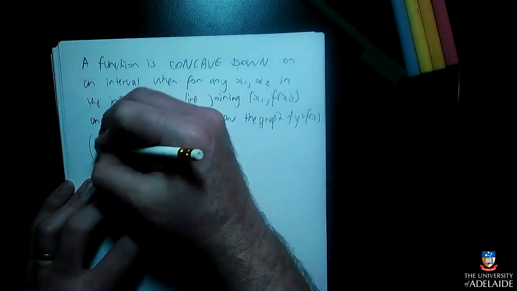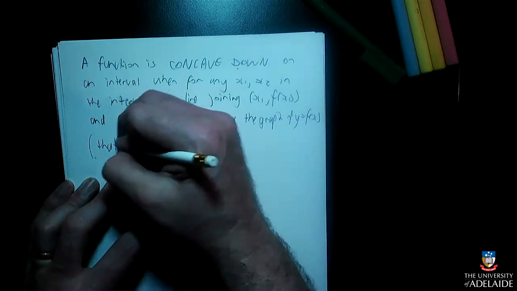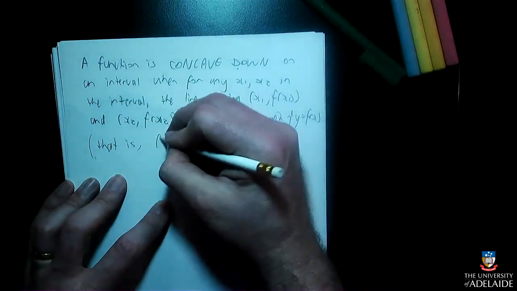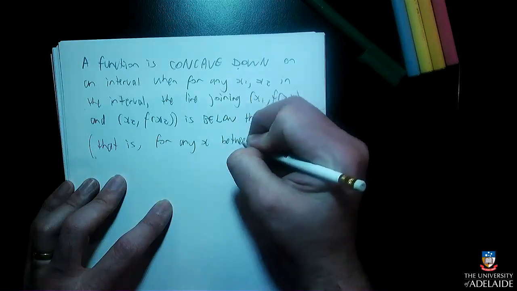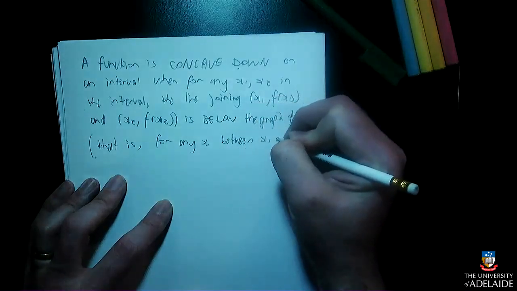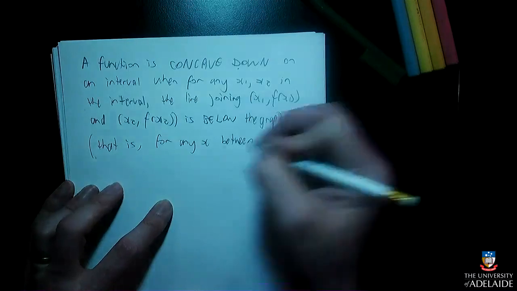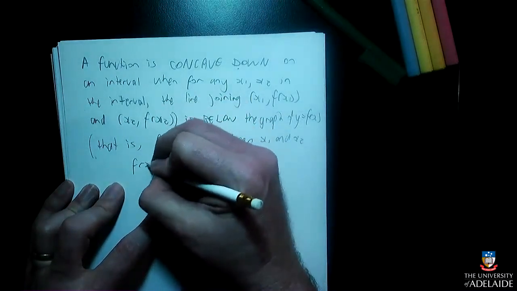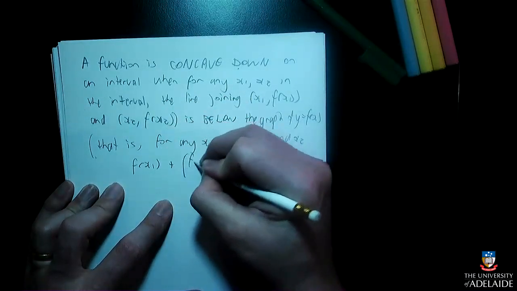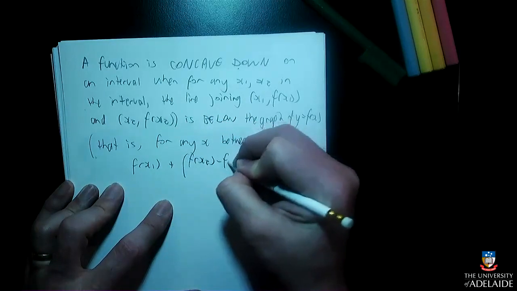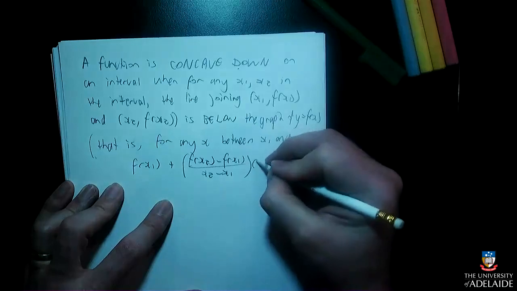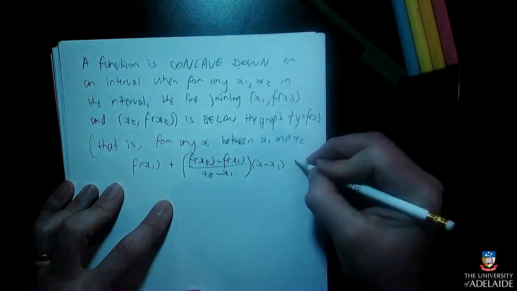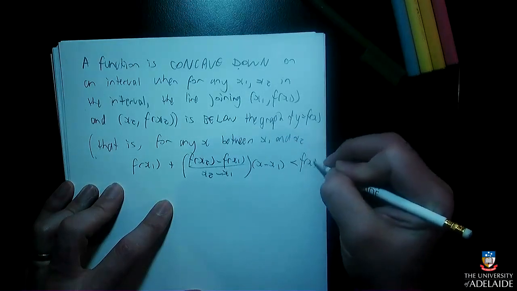That is, for any x between x1 and x2, f of x1 plus f of x2 minus f of x1 over x2 minus x1 times x minus x1 is less than f of x.